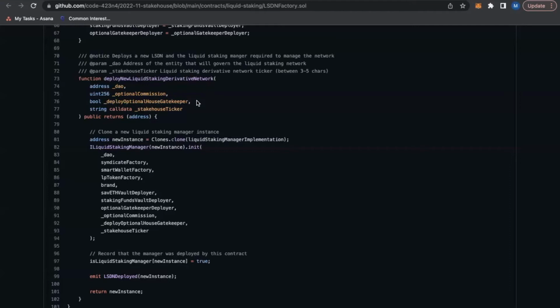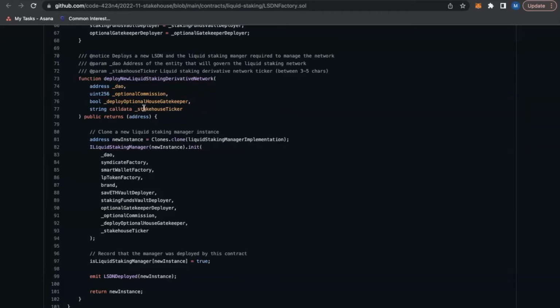So if I am a company and I'm running a group of validators, then I'll set this to true, and that will mean that only the node operators that I recognize will be able to join my LSD network, and no one else can. So that's the gatekeeping for you.